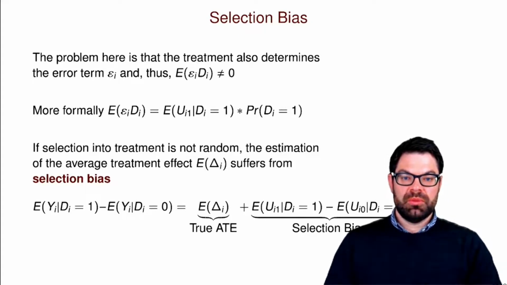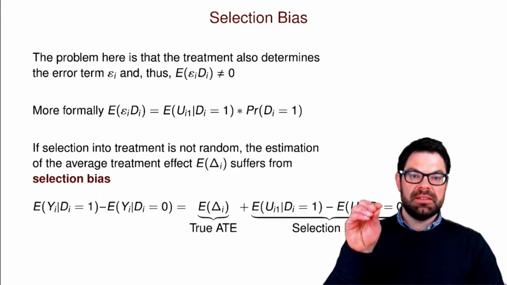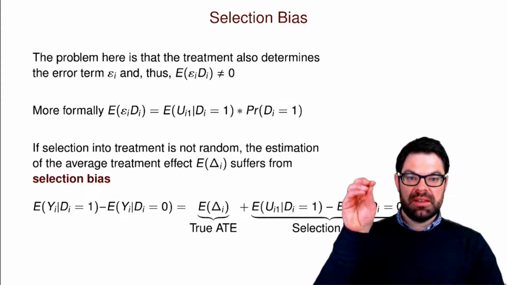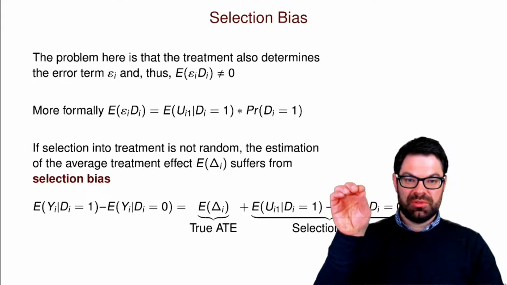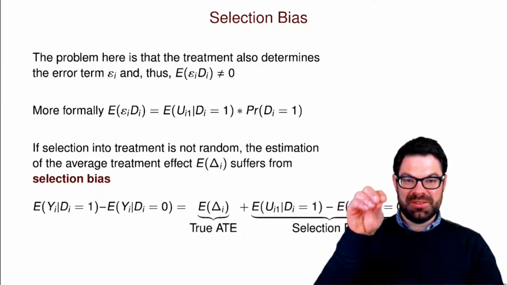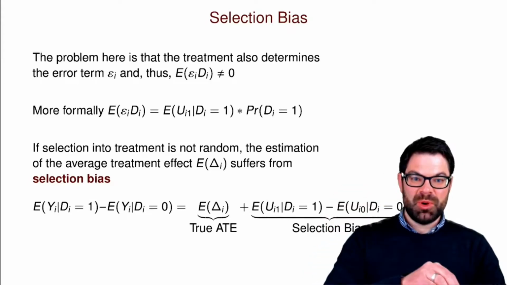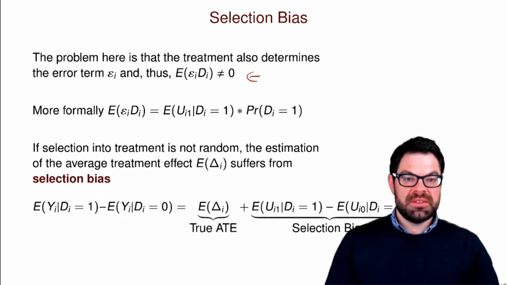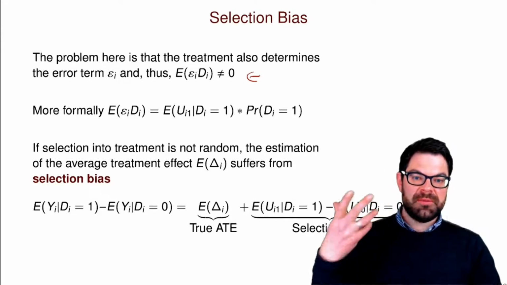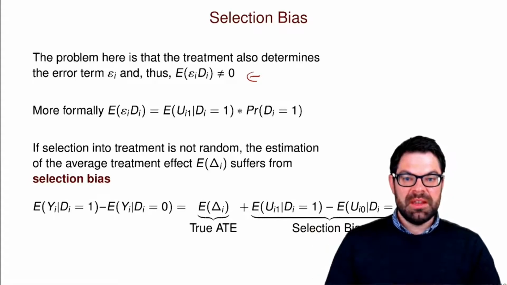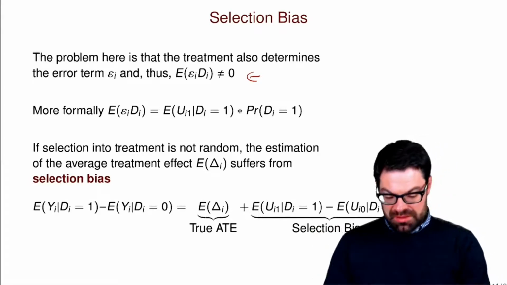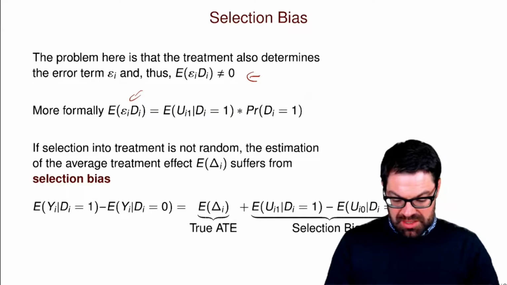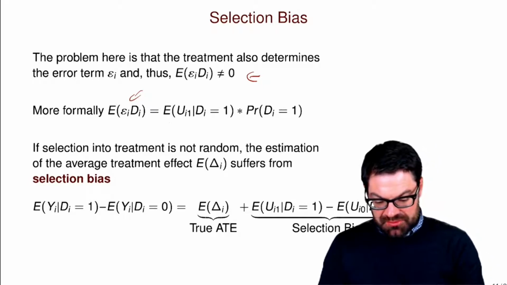So we have seen on the previous slide that the treatment is the regressor of interest, but it's also part of the error term, and therefore that covariance here does not equal 0. And we can even disentangle that because we have a binary treatment, so we can write this expectation as follows.